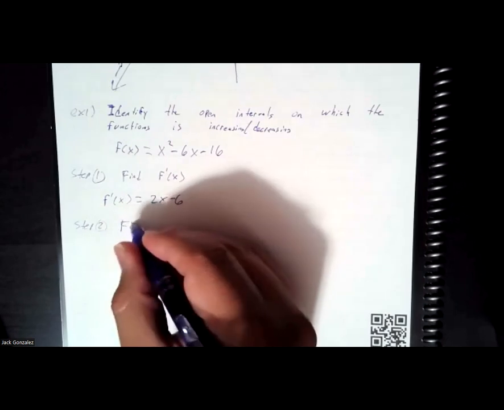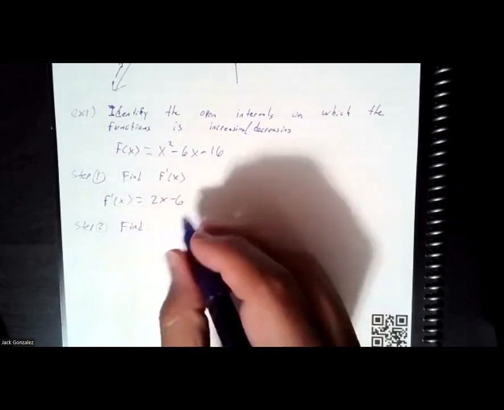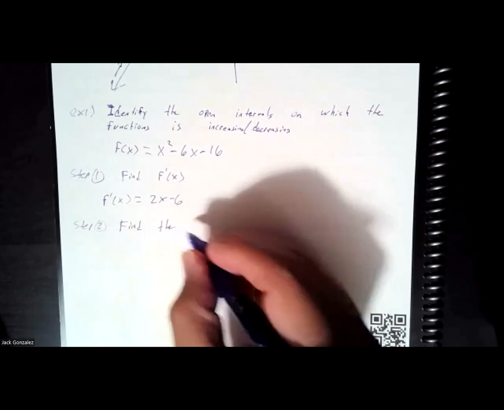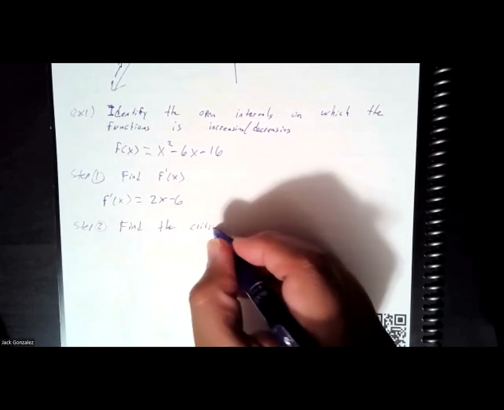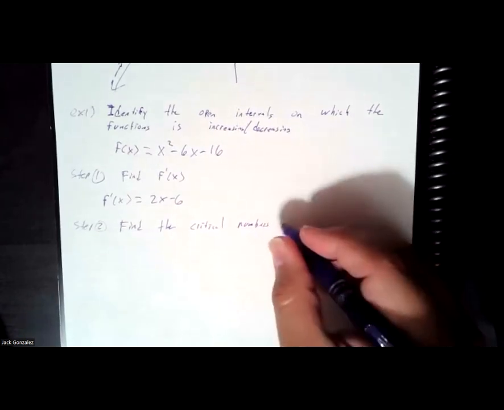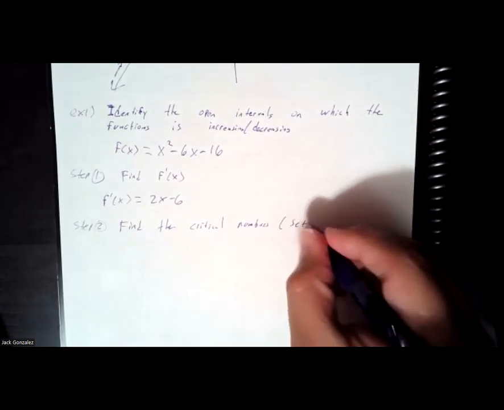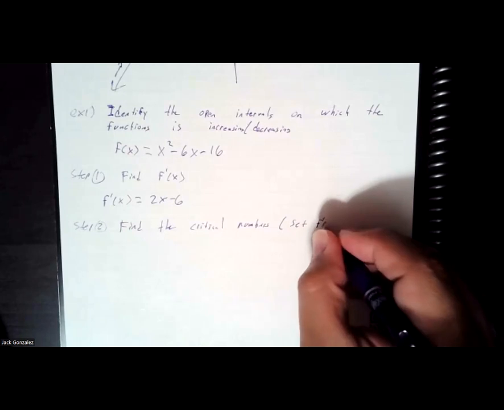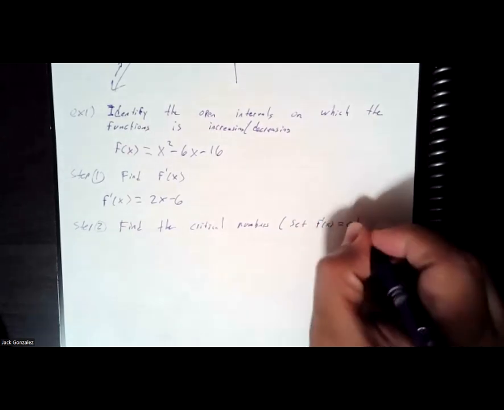Step two, find the critical numbers. We talked about this on Thursday, I think it was. Find the critical numbers. And the way we do that is by setting the derivative equal to 0.